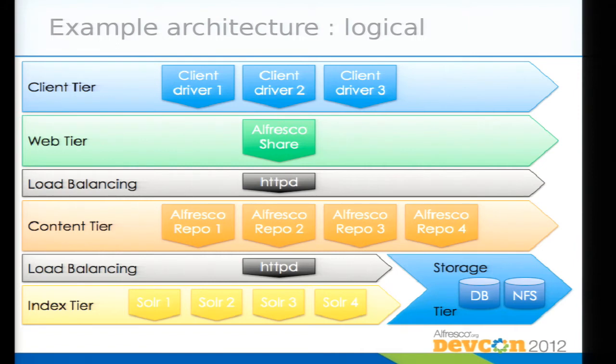You got the clients, the web tiers, maybe multiple shares. You have load balancing. You have the different Alfresco repos if you have clustering. And then you have the indexing and the clustering, all that stuff that's going on. Plus the storage with the DB, probably NFS storage for the content store and not for the indexes, obviously. And so they can get quite complex.